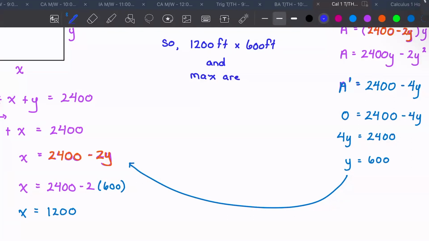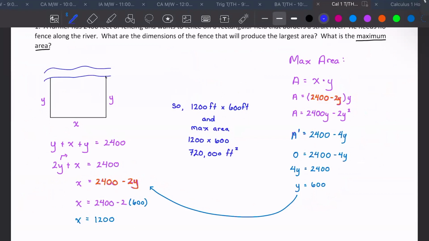And for max area, you would just multiply those together. 1,200 times 600 gives you a big old number, and we're going to have feet squared. Everybody good? That's not so bad, right?